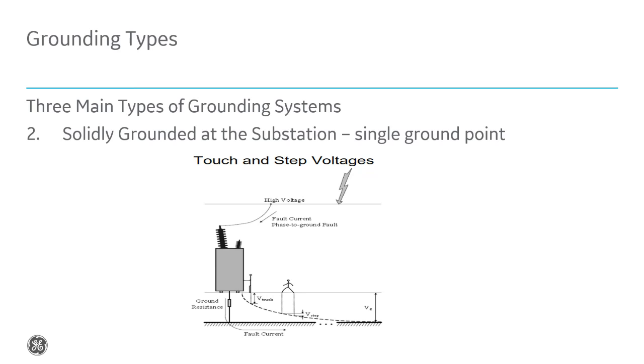That can cause what we call touch and step voltages, which can be dangerous for personnel. Depending on the type of equipment we touch, where the fault current flows, and where we are on the ground mat, we can experience some level of voltage that can be dangerous.